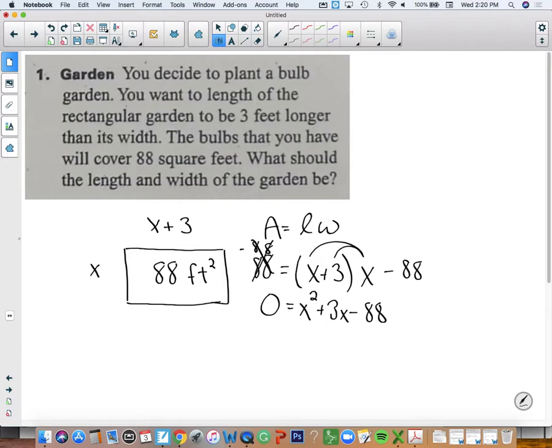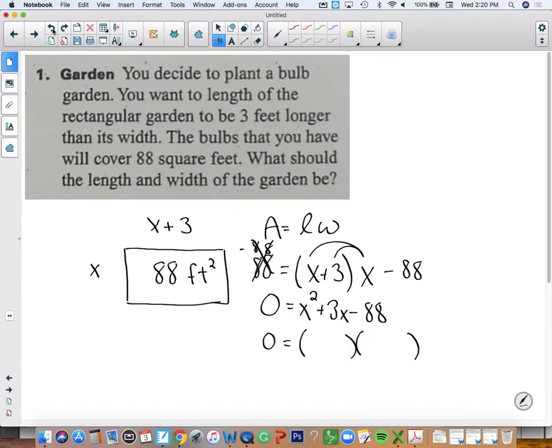After we do that, now we are on to factoring. You could have used the quadratic formula if you wanted to, just distribute that through there and use the quadratic formula, but I think that takes a little bit more work than factoring. So we use a 0 on the left because that's what we have there, and now we have to think of the factoring here. What two factors of 88 will add to give me a 3?